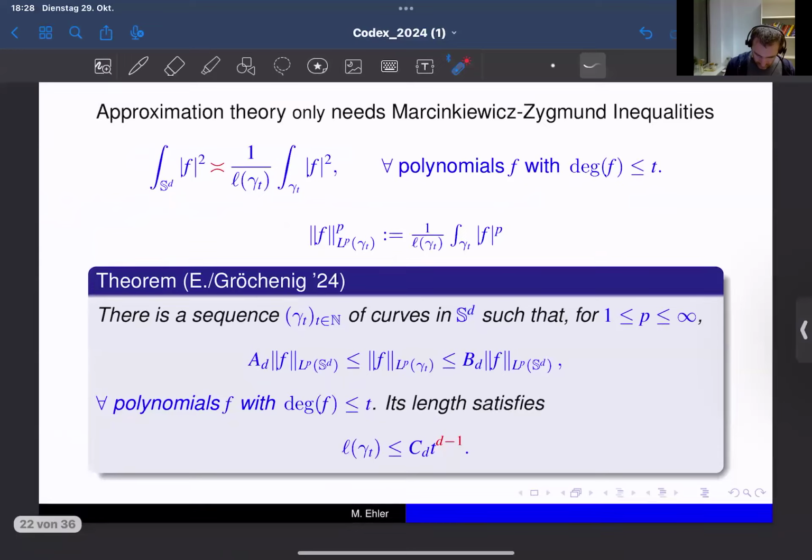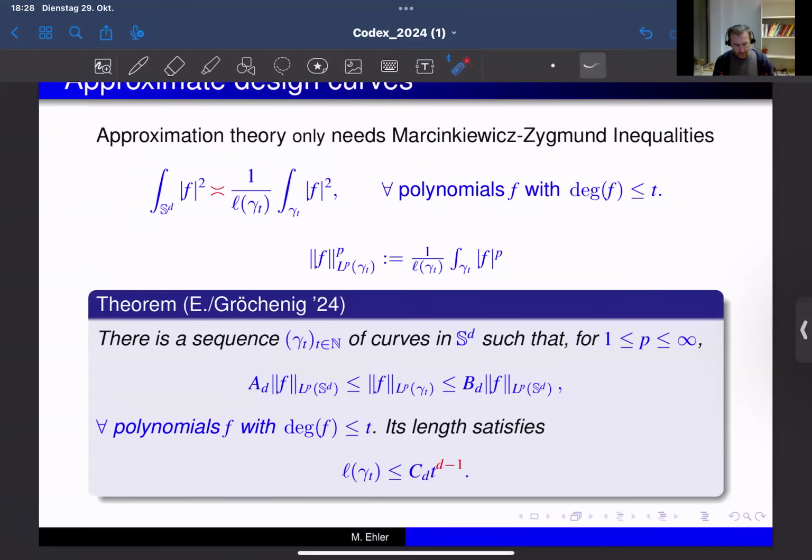Then it turns out that there exists a sequence of curves on the unit sphere such that for every p between 1 and infinity, the p norm over the entire sphere is equivalent to the p norm over the curve, which essentially involves the path integral of f.